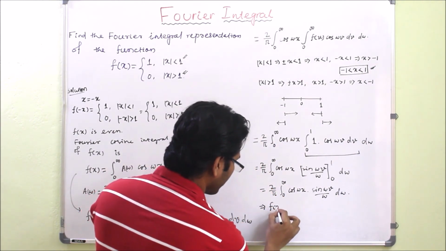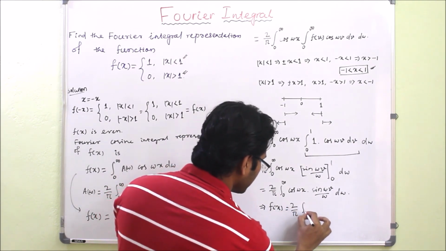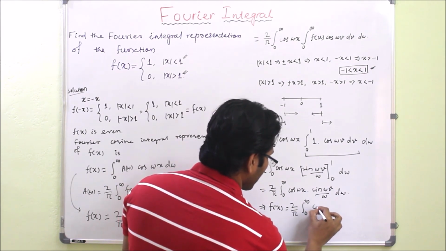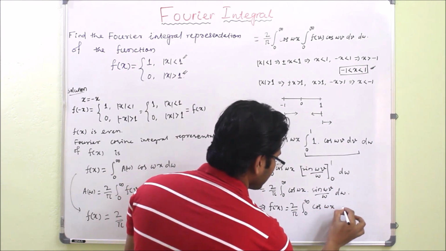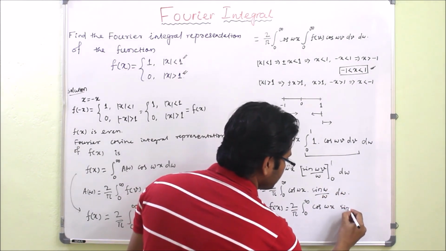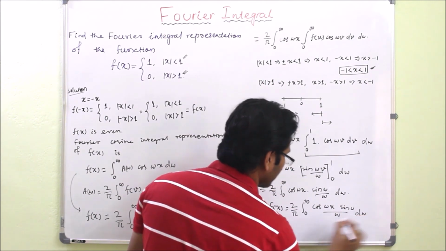So finally we obtain f of x equals 2 by pi times integral 0 to infinity cos wx sin w by w dw.